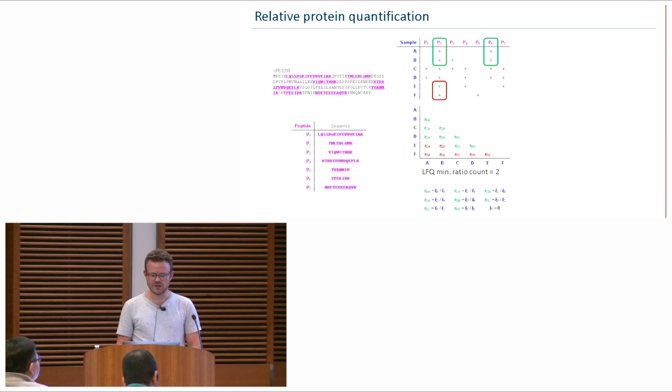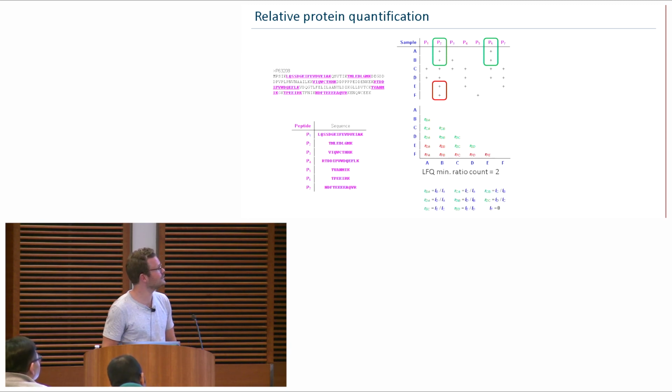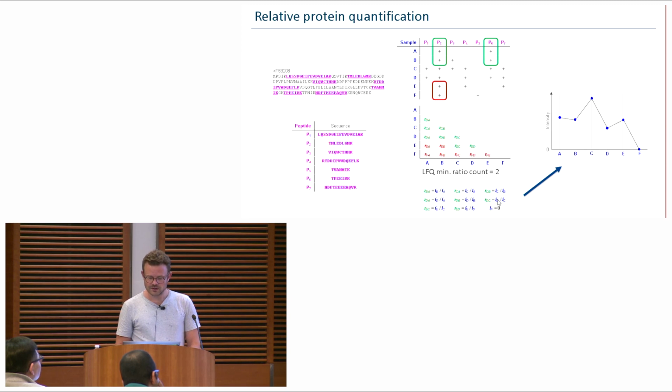And using these ratios, intensities can be calculated, as in this table. And if there is not enough data, the intensity is 0. So here we now see we get an intensity profile over the different samples for our protein.